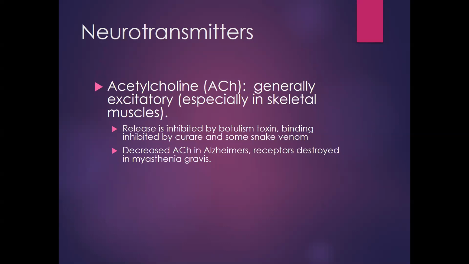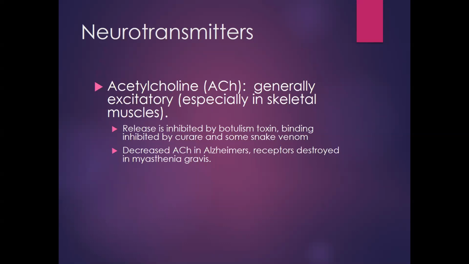The first one, acetylcholine. You're totally familiar with how acetylcholine works. It's excitatory in skeletal muscles. Sometimes it's going to be inhibited by the botulism toxin. So remember we talked about tetanus. The tetanus toxin, when you step on a rusty nail and the organism grows inside of you and releases its toxin, goes to the neuromuscular junction.